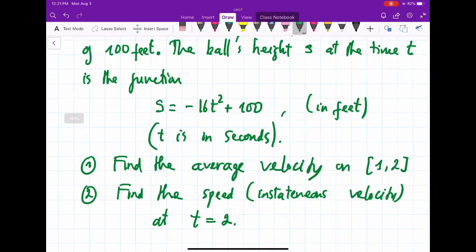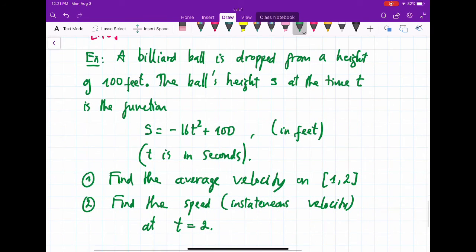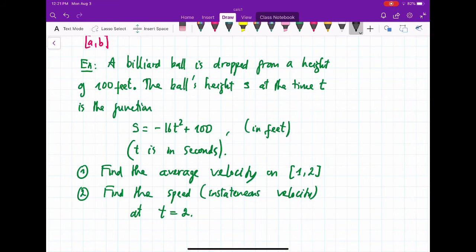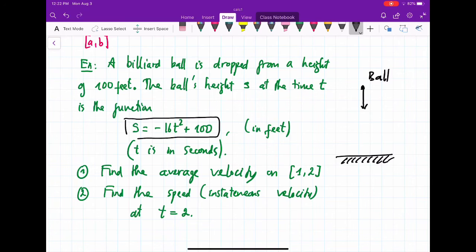Okay, so look at this. Imagine you drop a ball from the height of 100 feet. So this is the pole. You drop that, the ball is falling down, and the position or the height can be measured as a function, that is negative 16t squared plus 100.